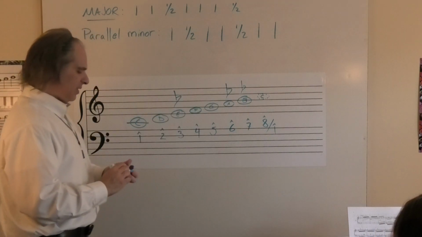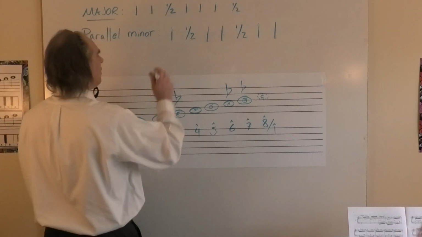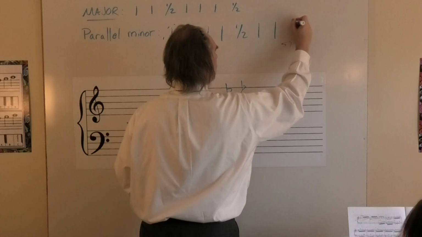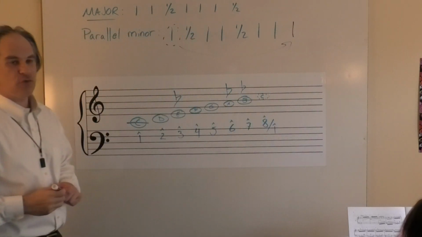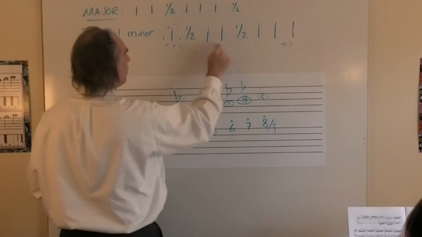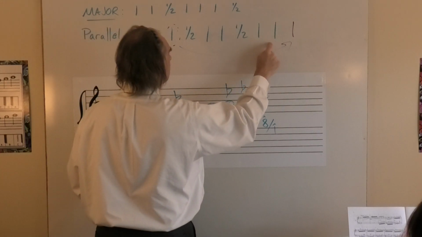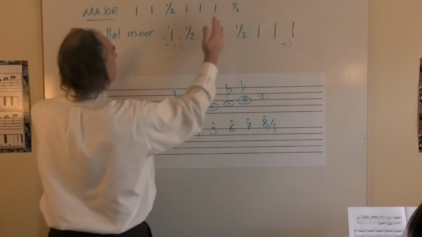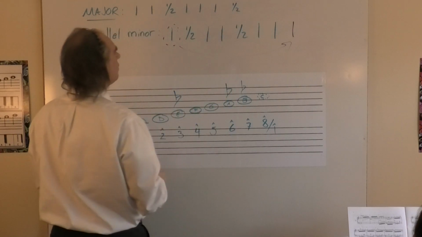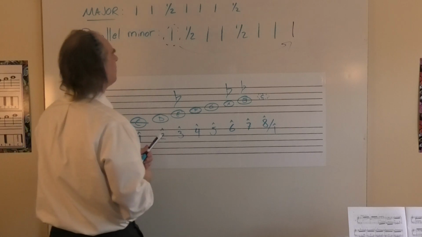Well, if we take this whole step over here and we bring it over here, we have 3 whole steps in a row. Well, what do we have? Whole step, half step, whole step, half step. So we've shifted this over by something.